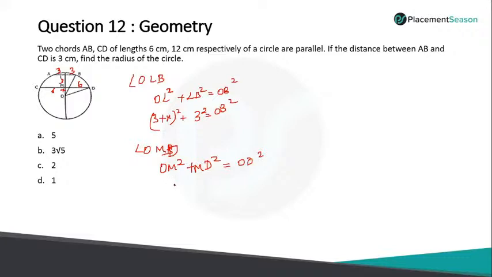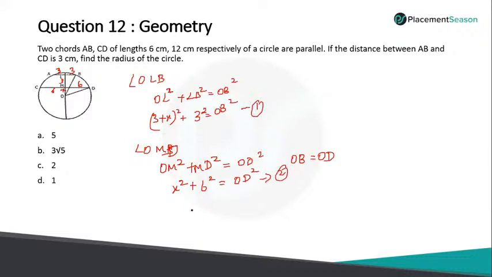What is OM? Which is X square. What is MD? Which is 6 square, is equal to OD square. We know OB is equal to OD. Both are radius. So we can equate the first equation and second equation.